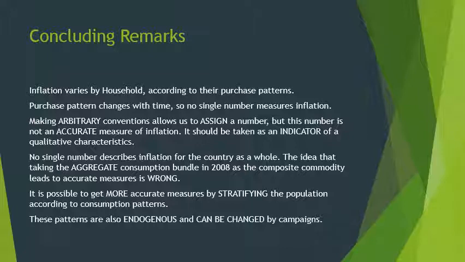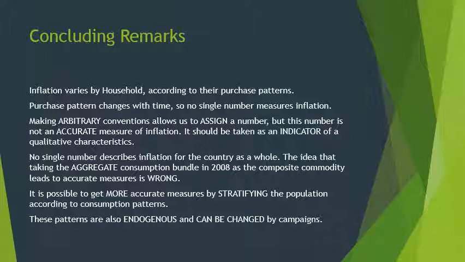It is possible to get more accurate measures by stratifying the population according to the consumption patterns. So the poor people have one kind of consumption pattern. People in one region have other kinds of consumption patterns. People who are rich have other kinds of consumption patterns. So if we take into account similar consumption patterns, then we will see similar rates of inflation.